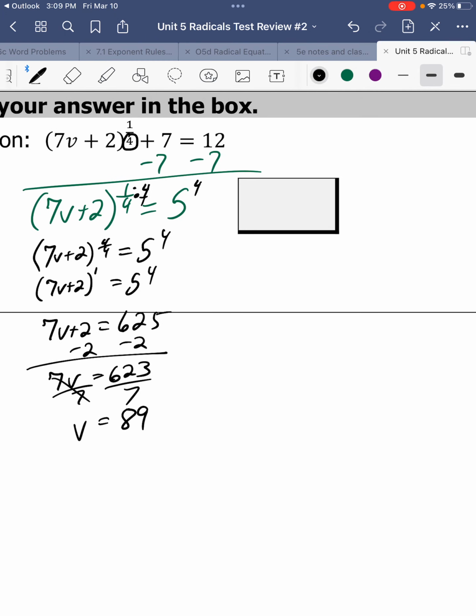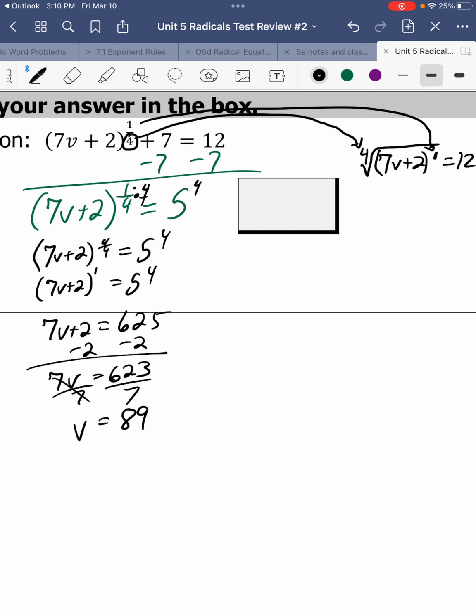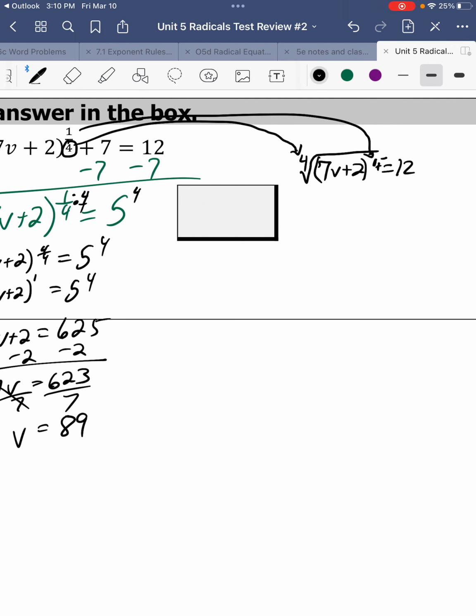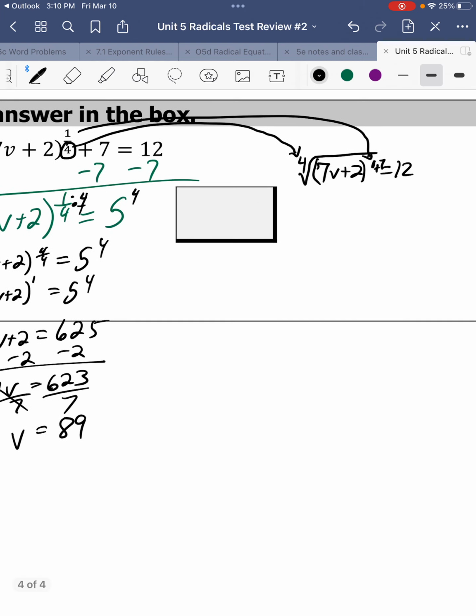Now, if you didn't get that, here's another approach to that same problem. The denominator of the exponent is your radical, so it is the 4th root of 7v plus 2. The numerator is your exponent underneath the radical, so it's to the 1st power. That equals 12. Oh, I forgot the plus 7. So you still would subtract 7.